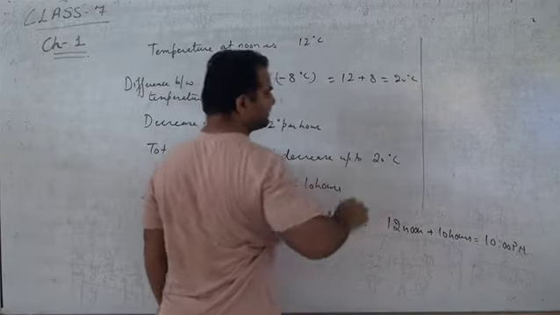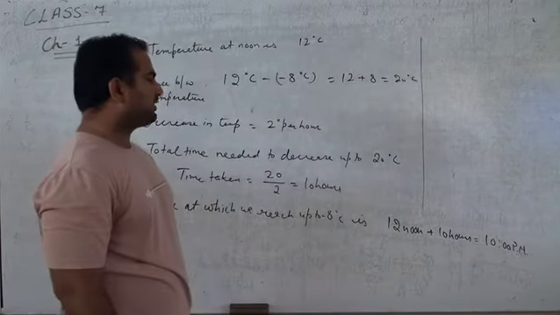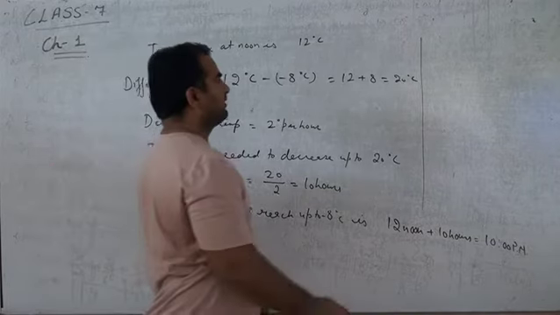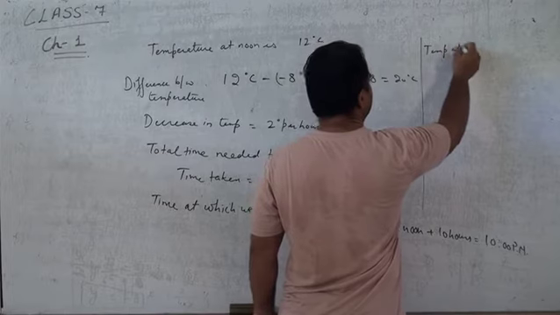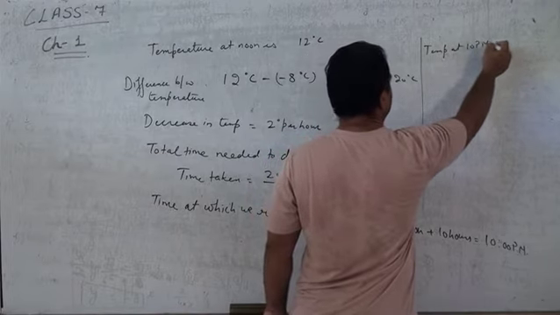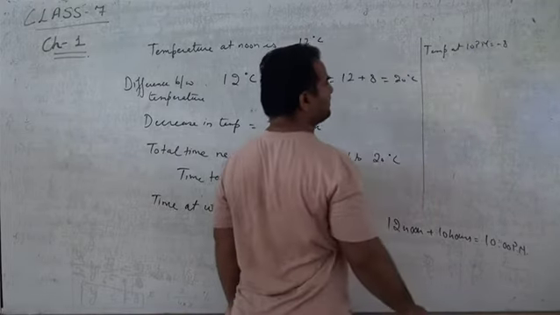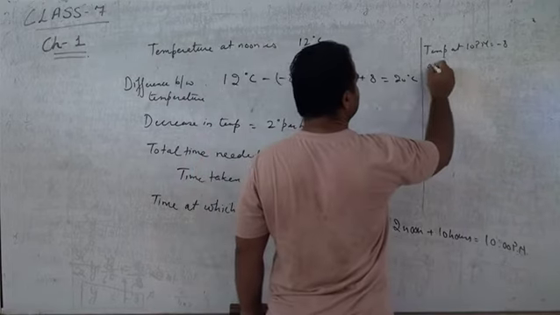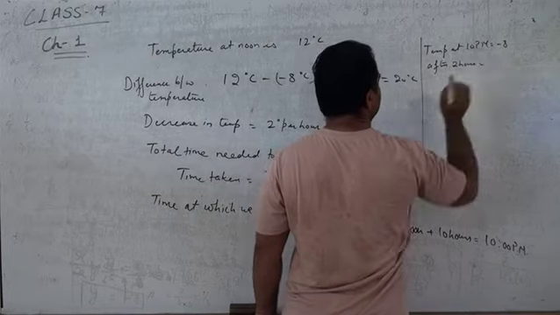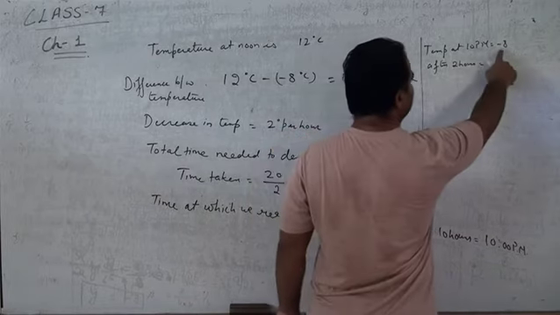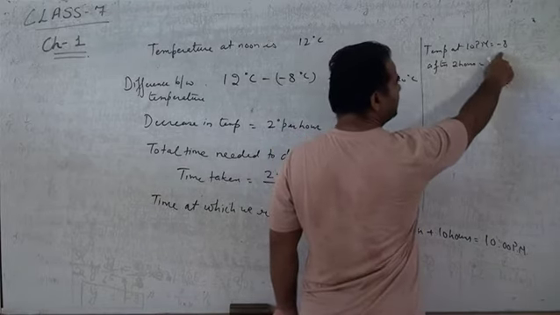So what will happen is, at 10 p.m. the temperature is minus 8. And after 2 hours what we have to do is, we have to subtract 2 degrees 2 times.